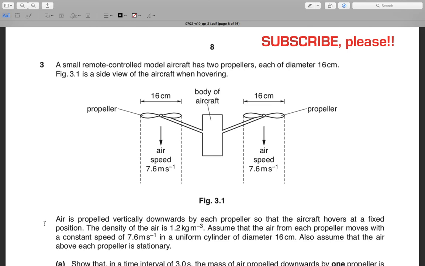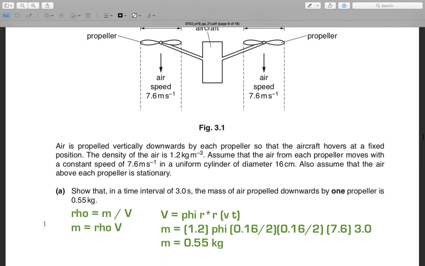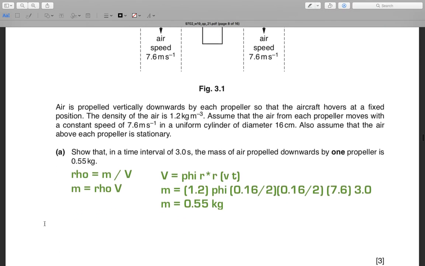Also assume that the air above its propeller is stationary. So we have the air density 1.2 kg m^-3 and a constant speed downward of 7.6 m s^-1. We have several questions.